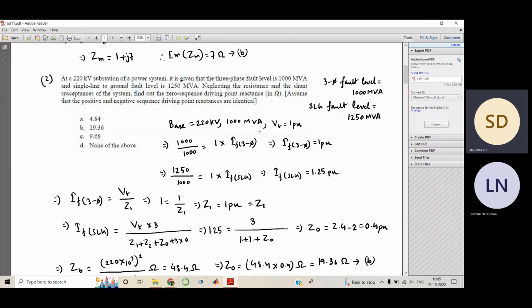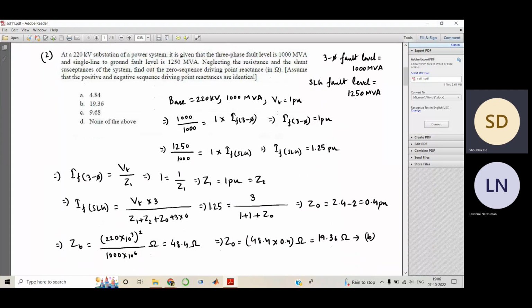Now for this analysis I have considered this to be the base. So base voltage was this, and I have considered the base MVA to be 1000 MVA. You can consider 1250 also and then proceed, or maybe any number, maybe 100, 500. At the end you will get the correct answer if your steps are okay. So MVA means basically current into voltage, right?